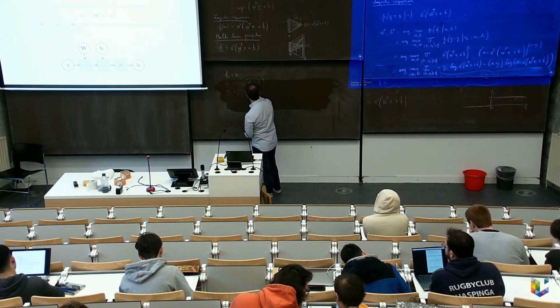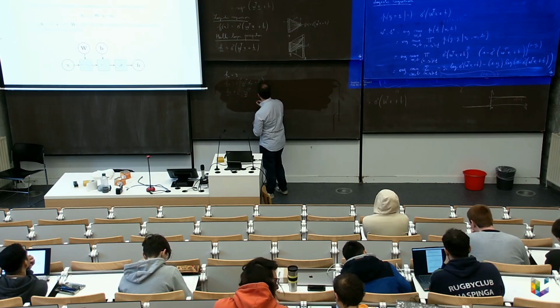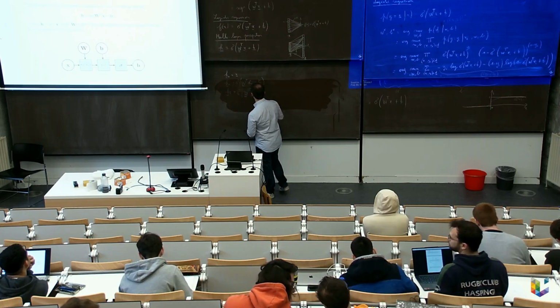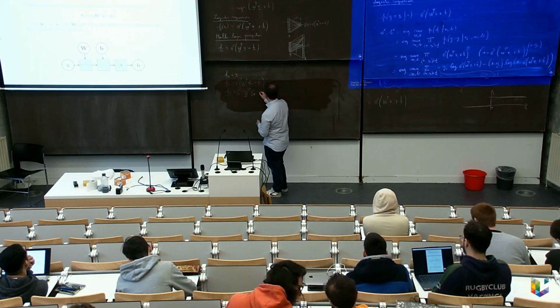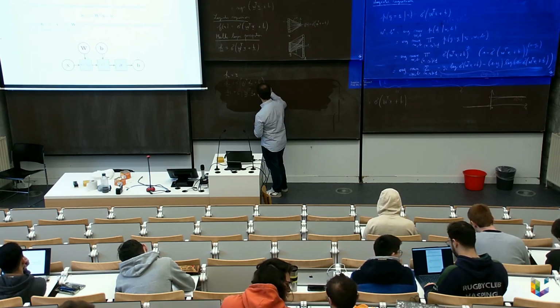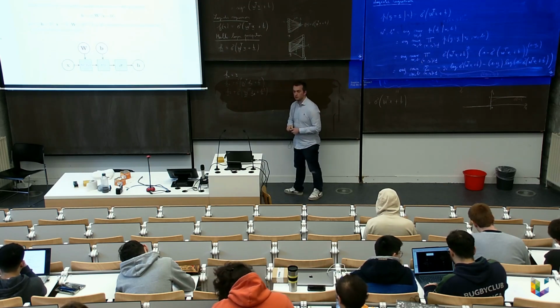matrix times H1, matrix times vector multiplication plus B2. Okay, and you can repeat that for a certain number of layers.